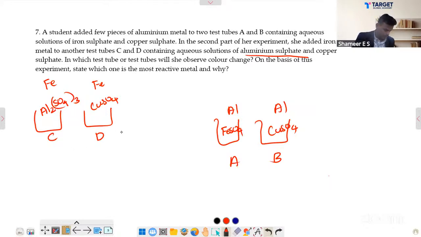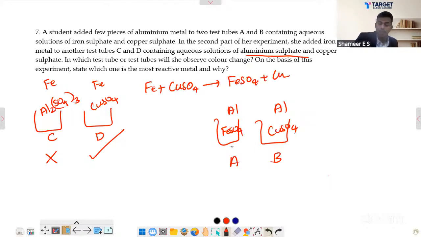Aluminium is more reactive than iron, so there is no reaction in C. What about in D? Fe plus CuSO4, you can see a color change, because Fe plus CuSO4 gives FeSO4 plus Cu, because Fe is more reactive. So here you can see a color change.